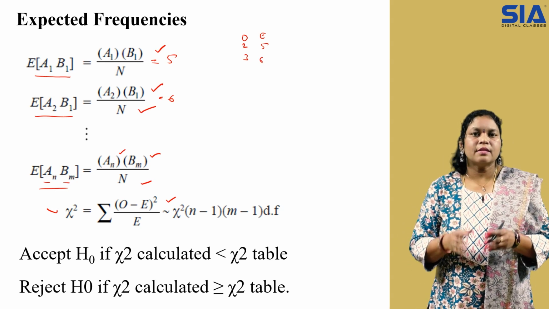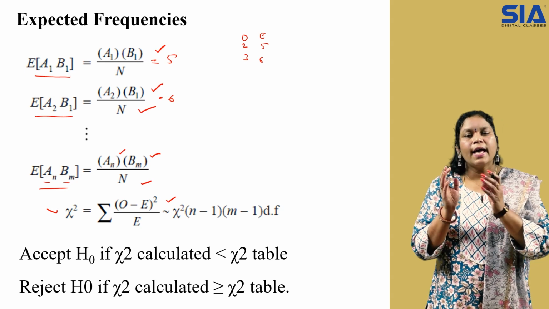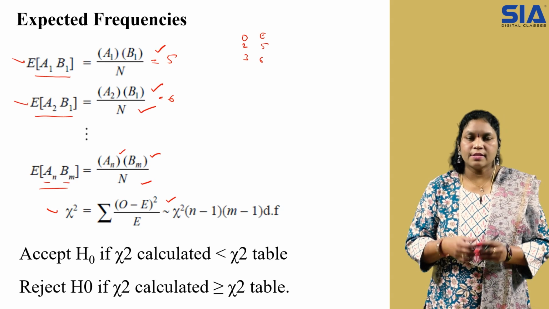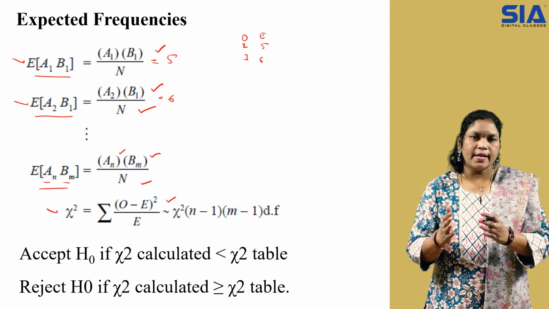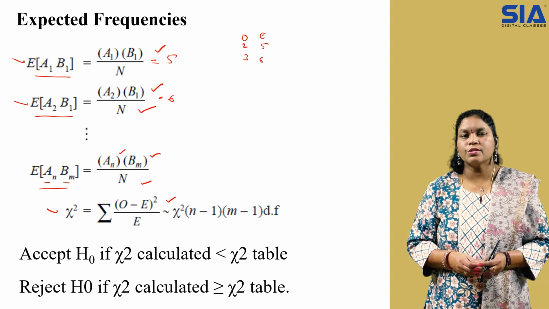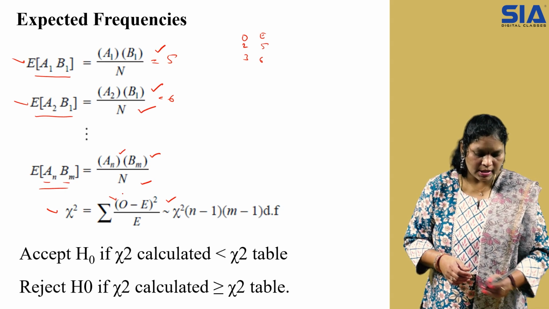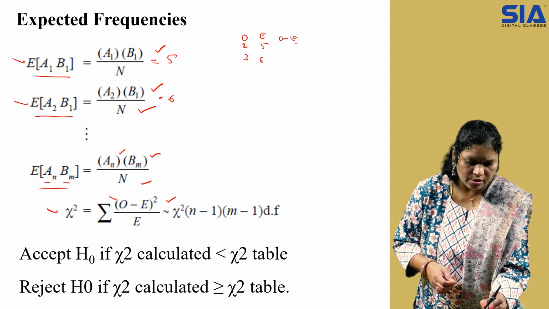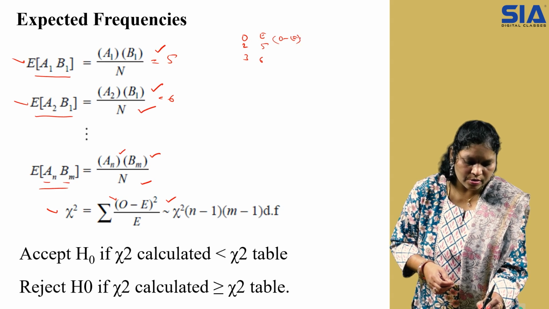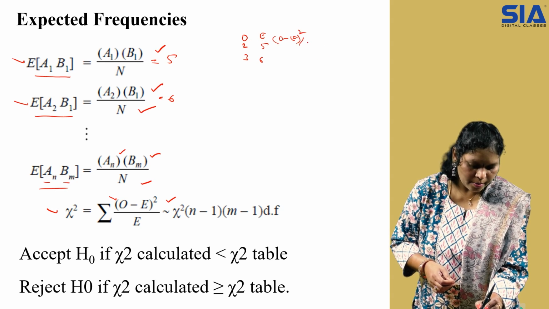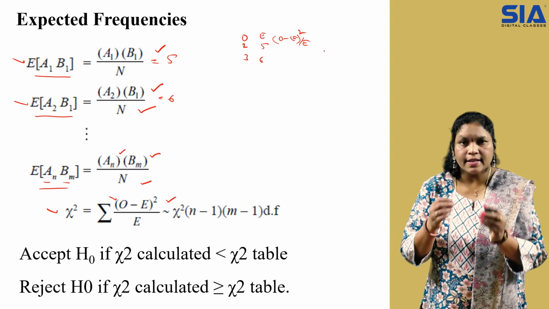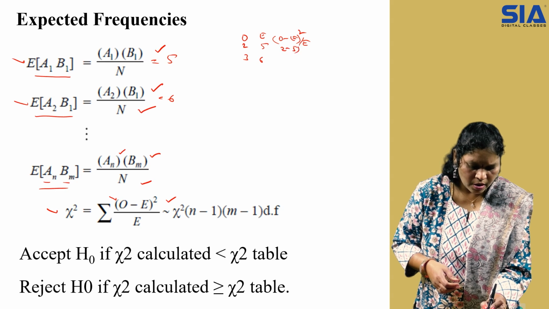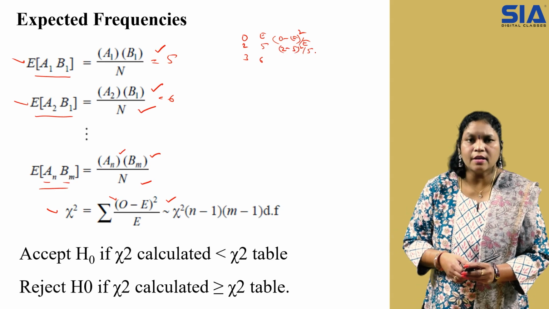So O and E are nothing but the observed values, the given data values, and E our values calculated using these formulas. Now according to the chi-square formula, I need summation of Oi minus Ei whole square by Ei. So first do the subtraction of O minus E, then square it, and divide by E. For these two values, 2 minus 5 whole square by 5 gives the first value.